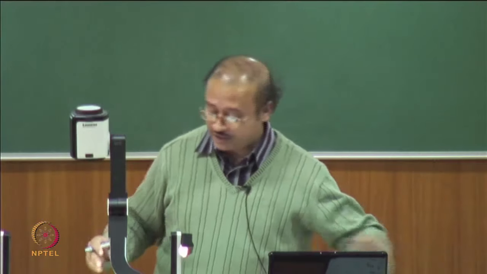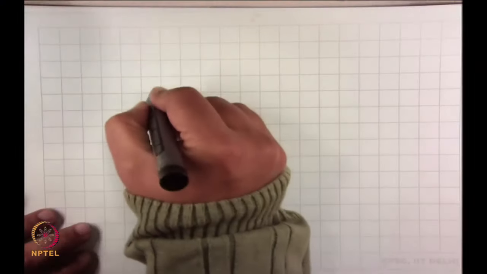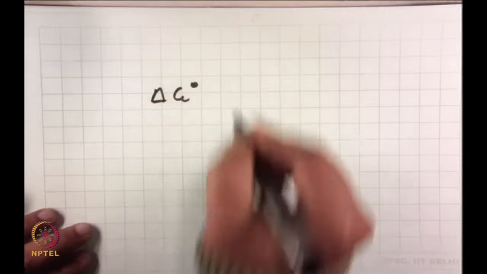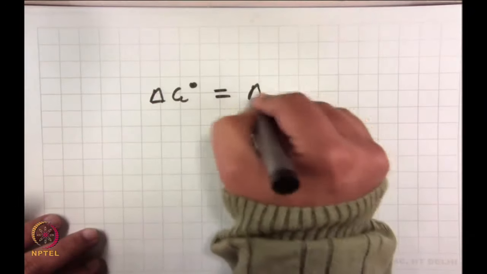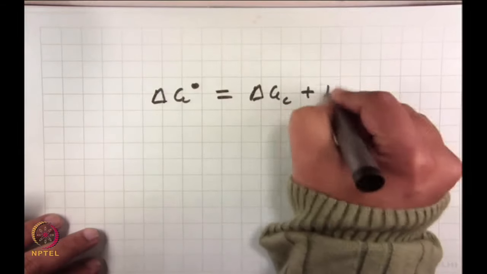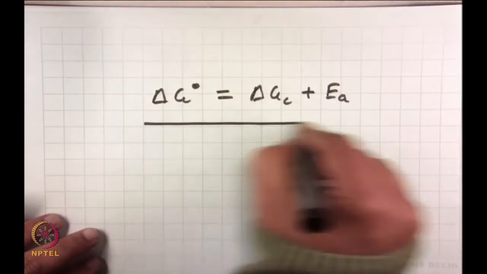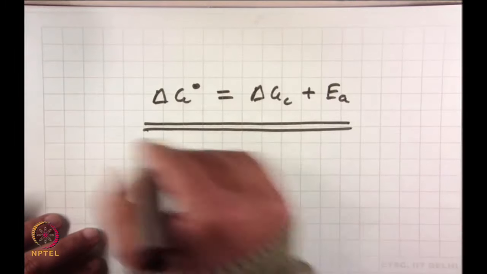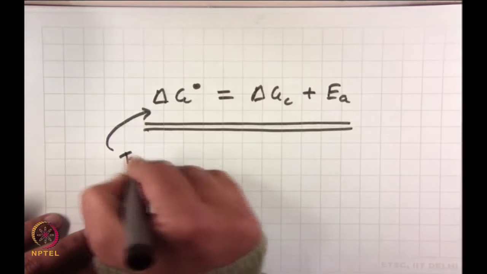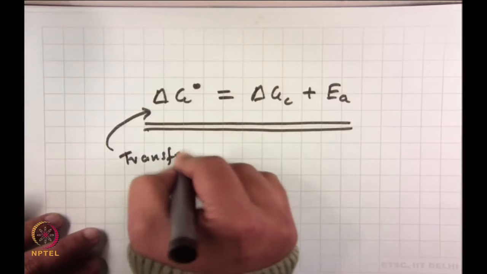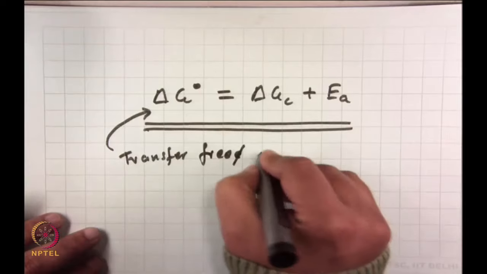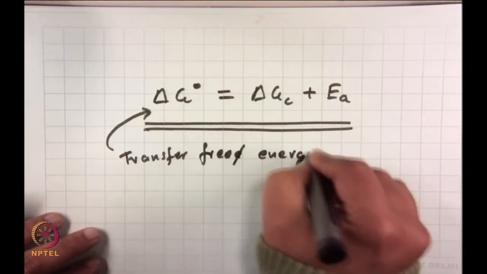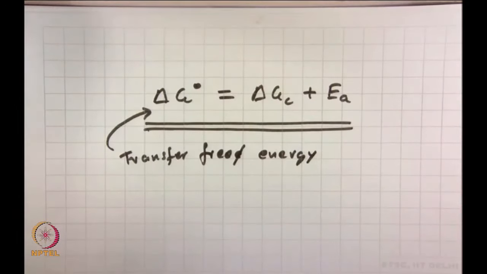So, what we can do now is combine these two processes and say that my delta G 0, which is my transfer, is a combination of delta G C and E A. Remember, this is a transfer free energy. That is what we had looked at before.